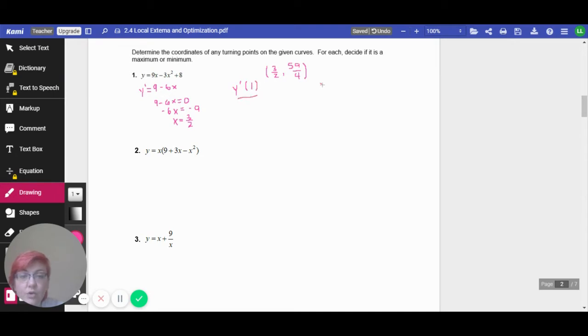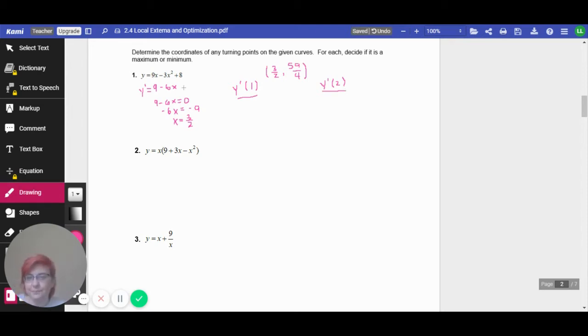And then I will go with y prime of 2, because that is greater than 3/2. You do not have to use the same points that I do. Your answer, or the value of your answer, should remain the same as far as is it positive or negative.